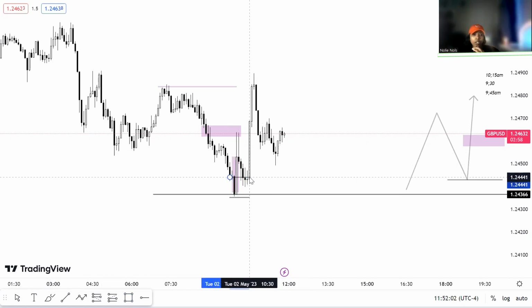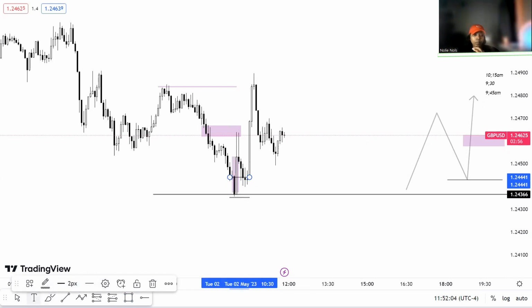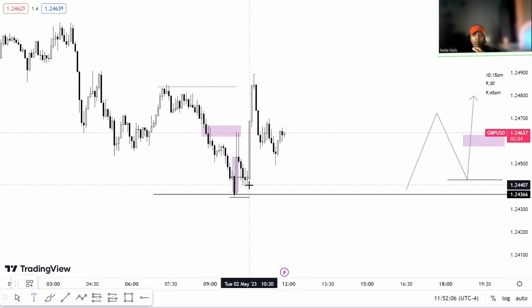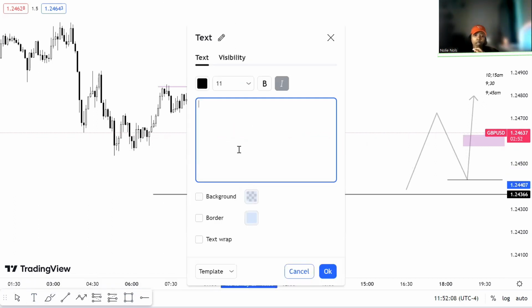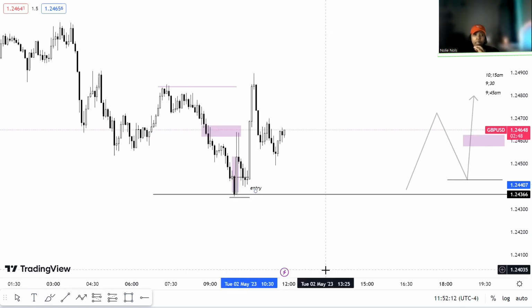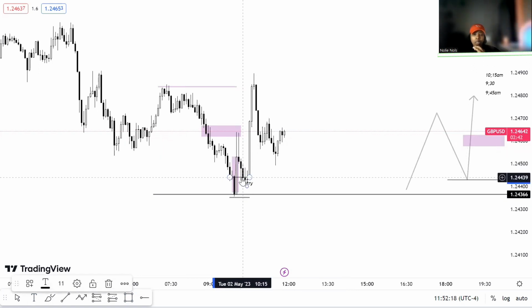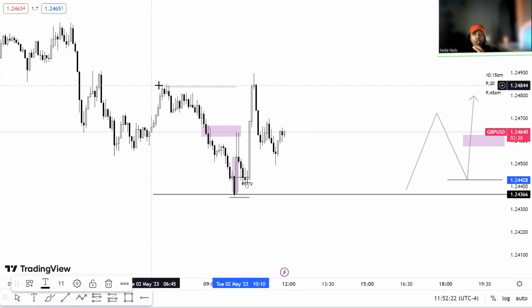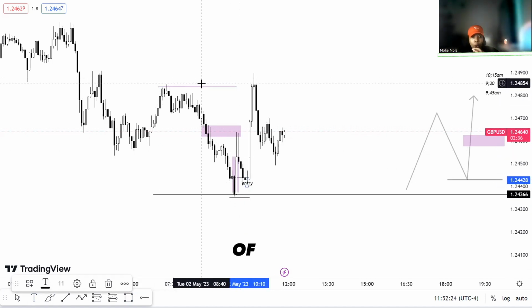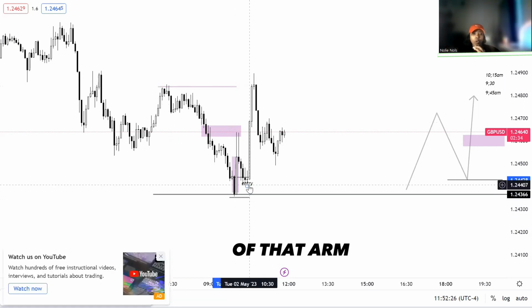So your entry is right over here. So your entry is there at 10:15, right there, 10:10 at this point. 10:10 to 10:15 is an entry, and then you have that nice push to the previous high of that arm, okay? And then you'll be good to go.